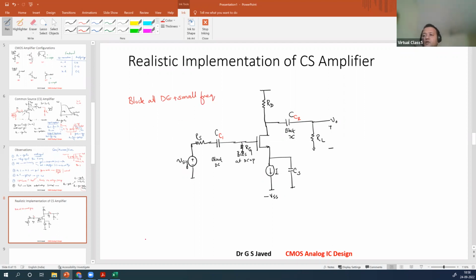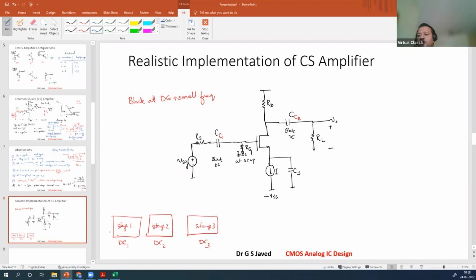So for example, if you have 3 stages connected to each other, stage 1, stage 2, stage 3, each one has its own DC operating point, DC1, DC2, DC3. How do you visualize it?